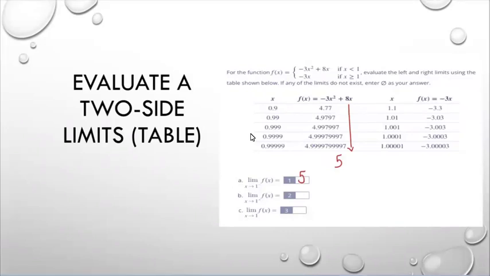If we talk now about the value of the limit when x approaches 1 from the right, again, right is all of the x's greater than or equal to 1, which is -3x, that's the function that we're using. f of x equals -3x, and these are the numbers that we have to pay attention to.